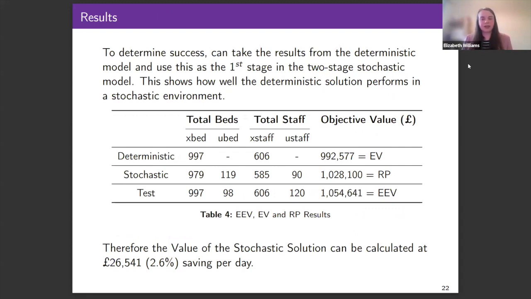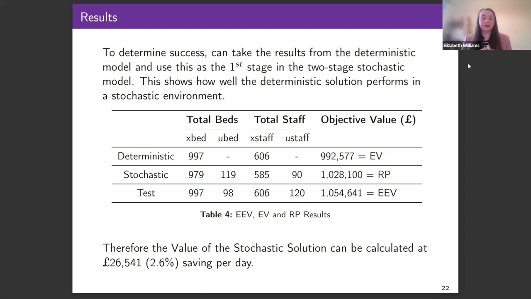It shows how well the deterministic model would perform in a real life stochastic environment. As you can see here with this test row, our X bed and X staff remain the same as the deterministic, and then the stochasticness happens and we can see how many additional beds and staff we require.